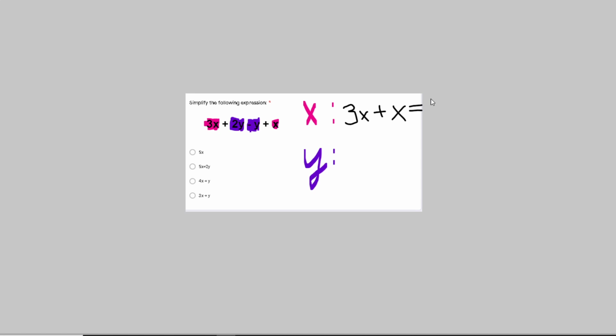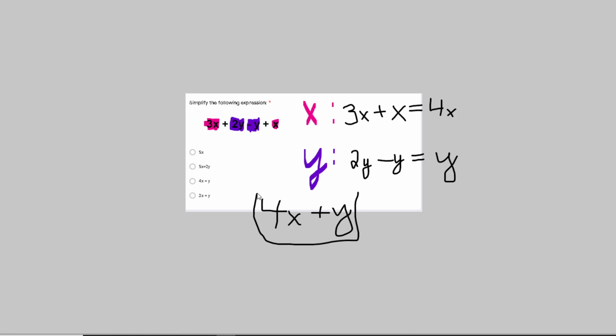This gives us 4x. And then with the y's, the purple, we have 2y's, minus a y, and that gives us a y. So our answer is, we put these together, 4x plus y.